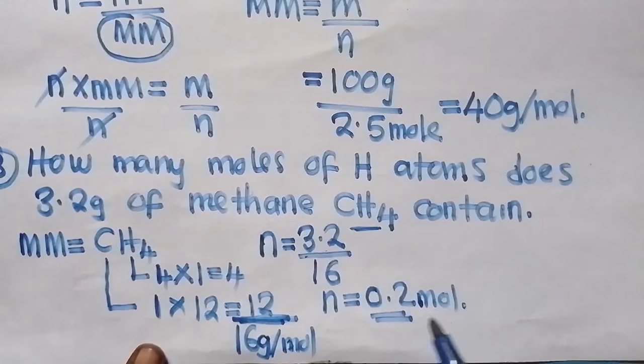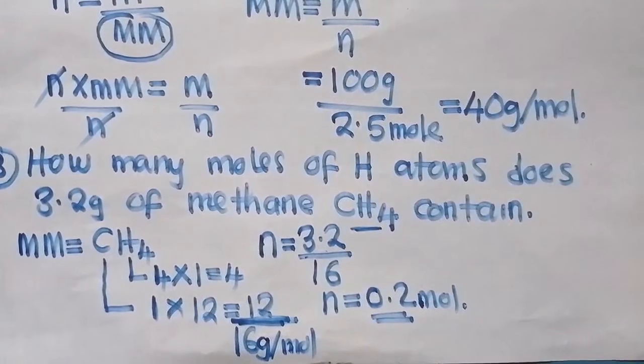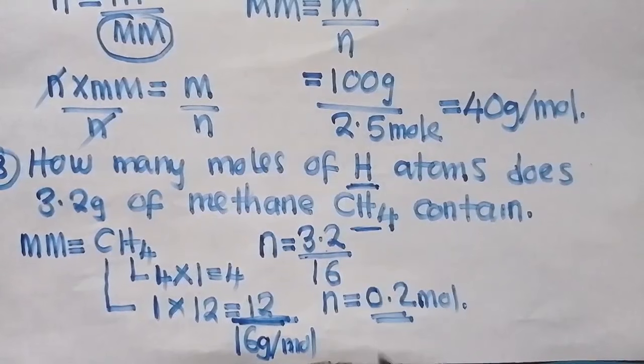So the question was not telling us to calculate the number of moles for methane. What the question was saying was for us to calculate the number of moles of hydrogen. So which formula do we use whenever we want to calculate this?